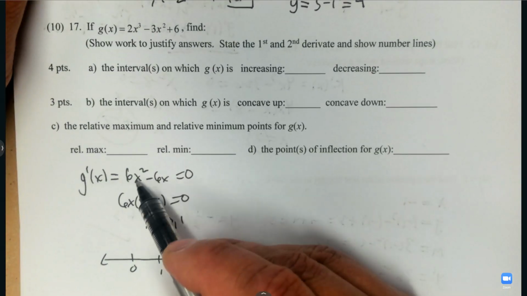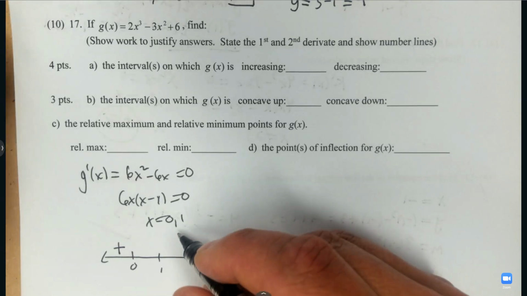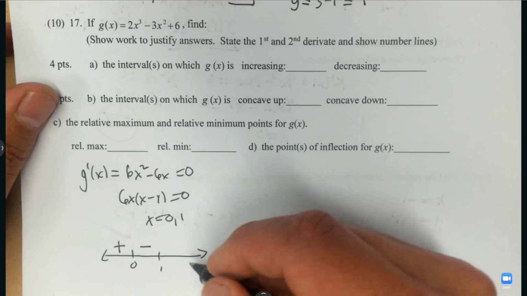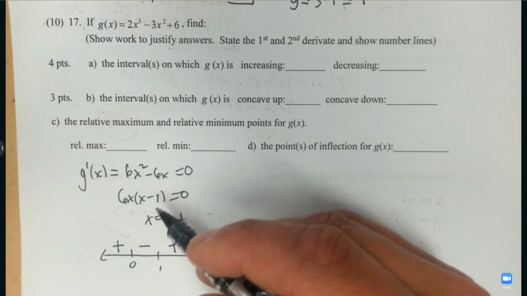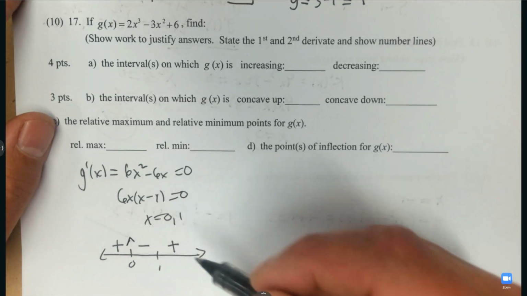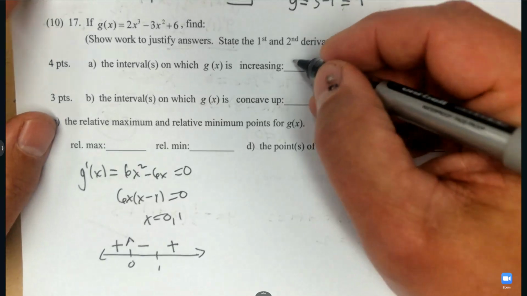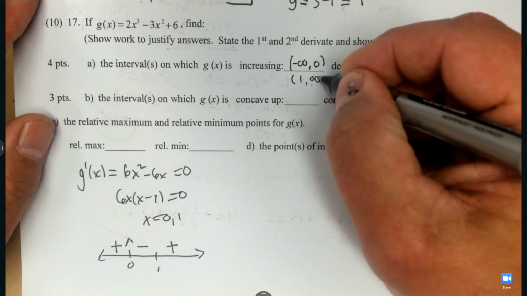Plug into the derivative: if I plug in a negative number, the answer is positive. If I plug in 1/2, and if I plug in a number bigger than 1. So you can take your time and see. All I care is if the answer is positive or negative in the interval. And so I can see, first of all, it's increasing from negative infinity to 0 and from 1 to infinity.